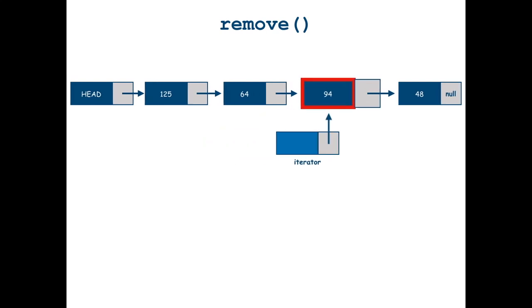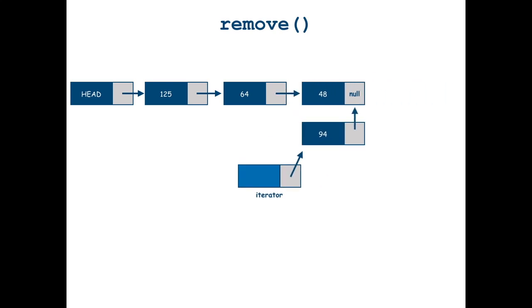Voila, here's 94. This is the element we want removed. So clearly, when all is said and done, what we want the remove function to do is take the link that stores 64 and have its next pointer point to 48.